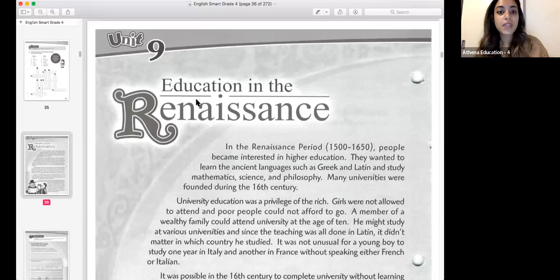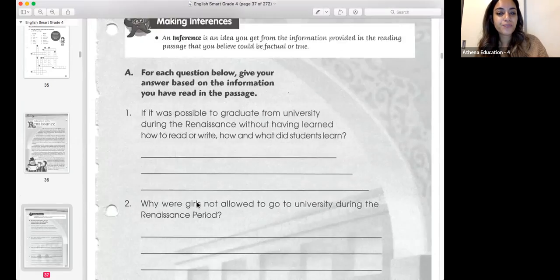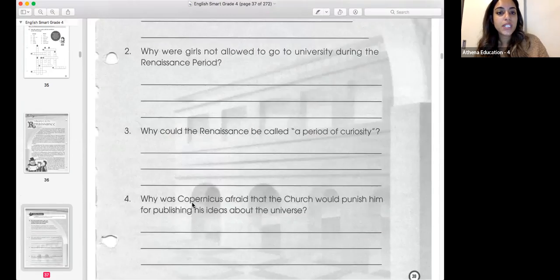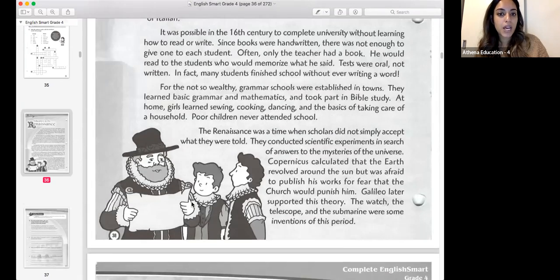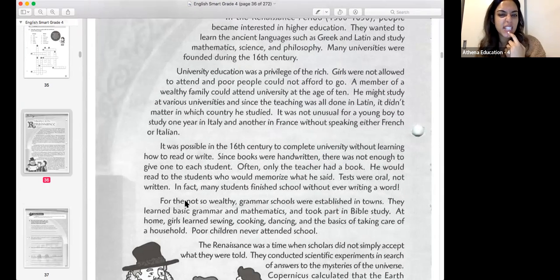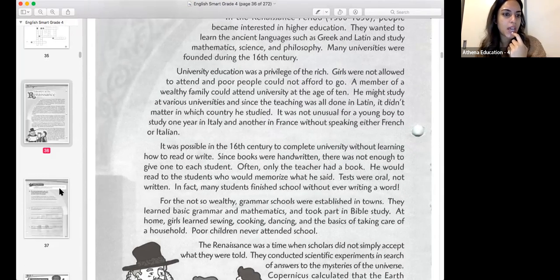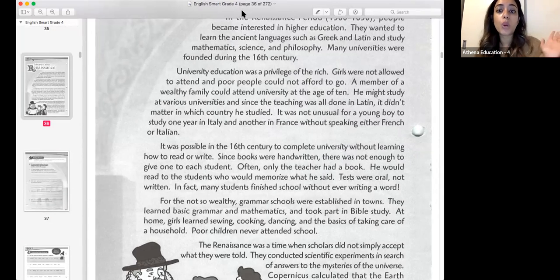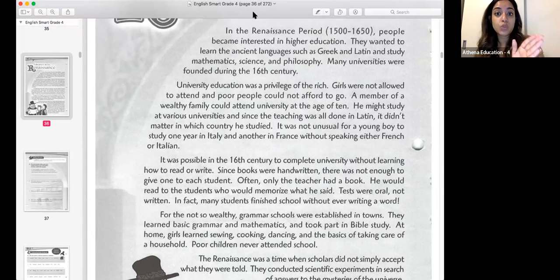So yes. So the Renaissance, let's see. So we had this document as well, Education in the Renaissance. We didn't get to it yet, but you know what? I think we're gonna do this together because I wanna make sure we understand. So no, I'm not gonna give this to you for homework. We're gonna do this together next week when I see you.